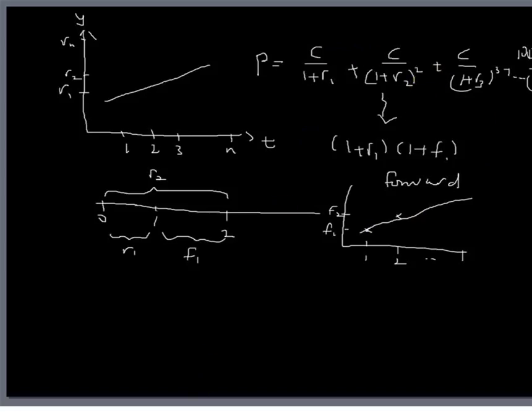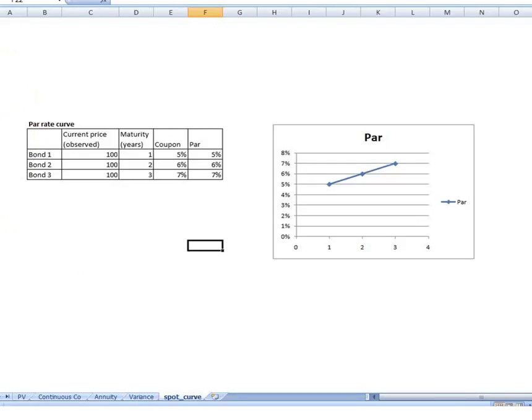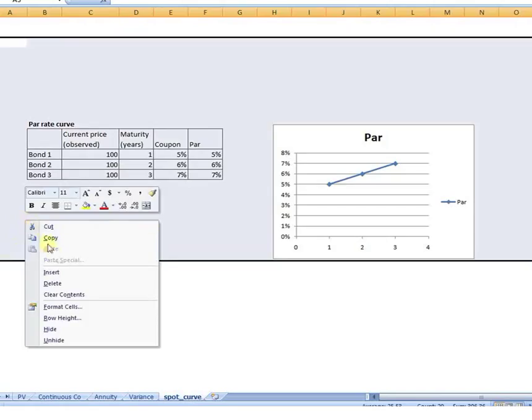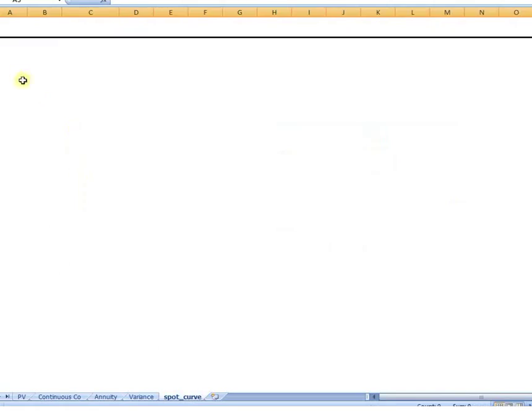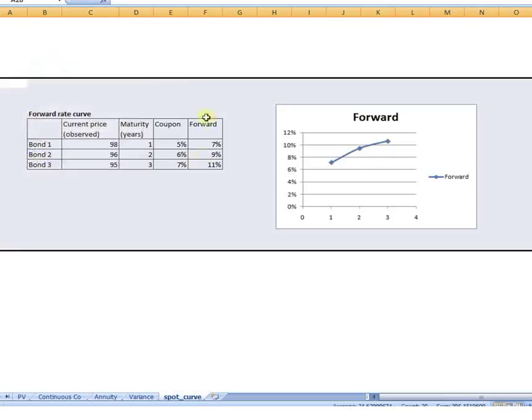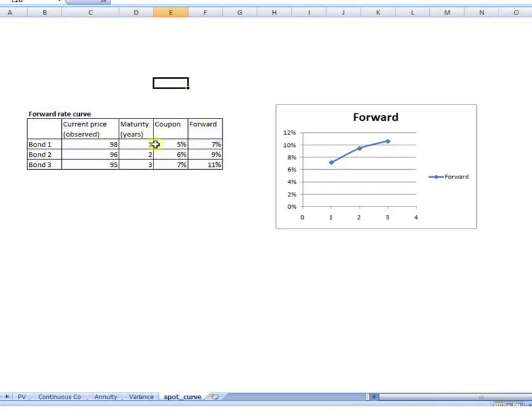Let's look at Excel for an example. Let me hide the par curve. Assume that again you have 3 bonds, bond 1, bond 2, bond 3, maturing in 1 year, 2 years, and 3 years, and they have such coupons. What is the forward curve?